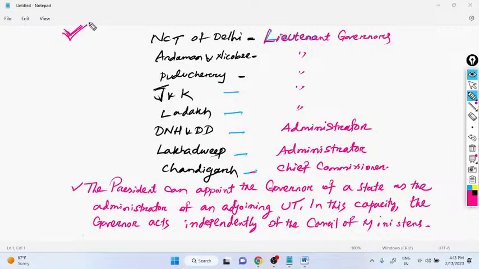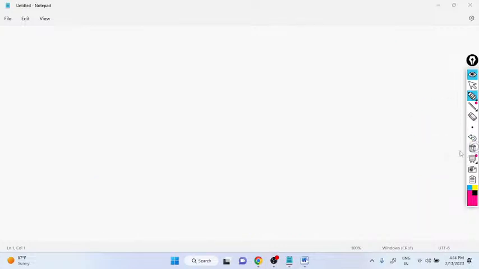Sometimes he acts, and whenever he acts, he can act independently of the decision of the state government. He does not need to consult with the Council of Ministers in case of any issue. Okay. So kindly take a note of all these things.